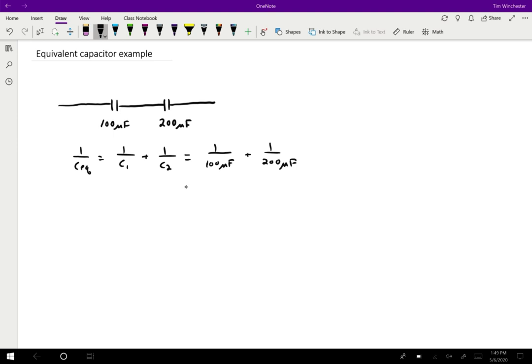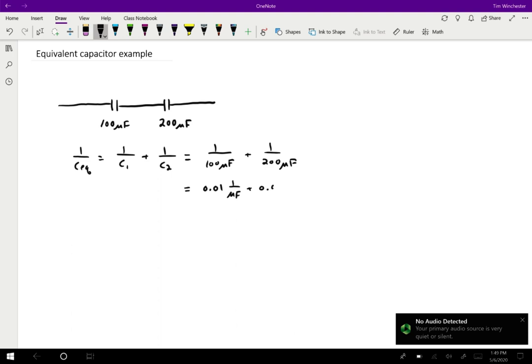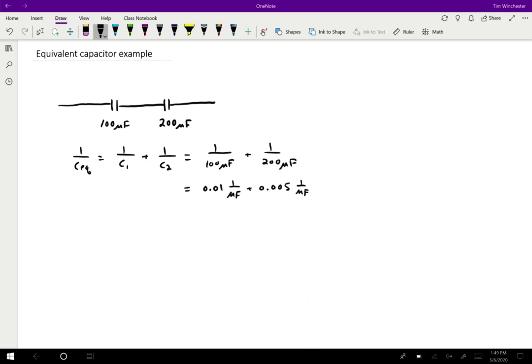I could plug those into a calculator, and I'll get 0.01, and then sort of weird units, 1 over microfarads, plus 0.005, 1 over microfarads, which I can add together, and I'll get 0.015, 1 over microfarads. Remember that's 1 over the equivalent capacitance. So in order to find the equivalent capacitance, I have to take the reciprocal of that. So I get C equivalent equals 67 microfarads.